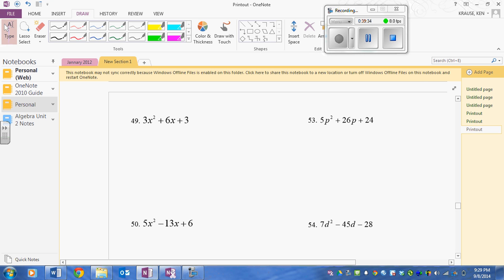Alright, this one I'm going to take a 3 out. I'm left with x squared plus 2x plus 1. And it's just x plus 1 times x plus 1. Multiply to 1, add to 2.